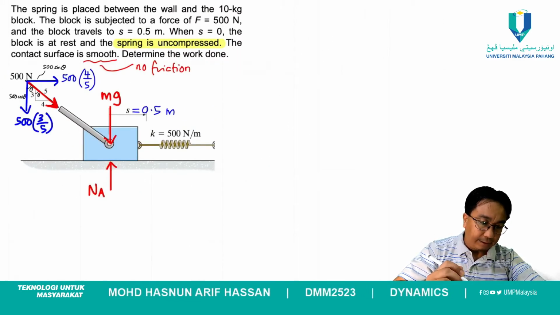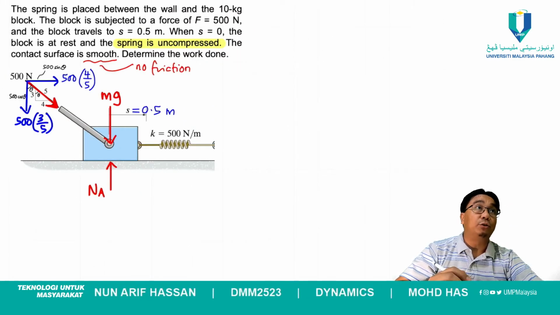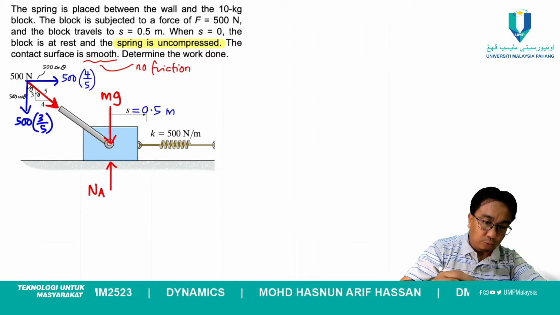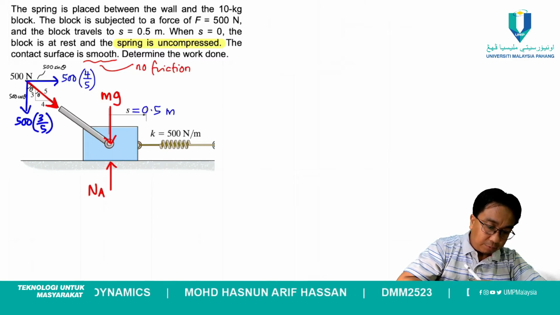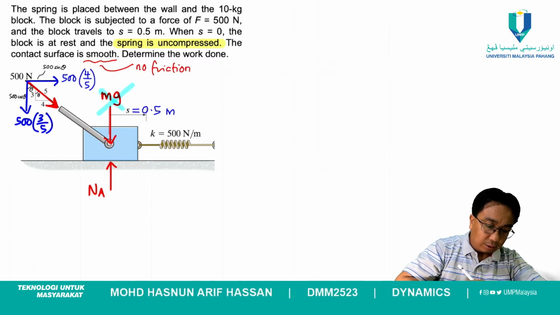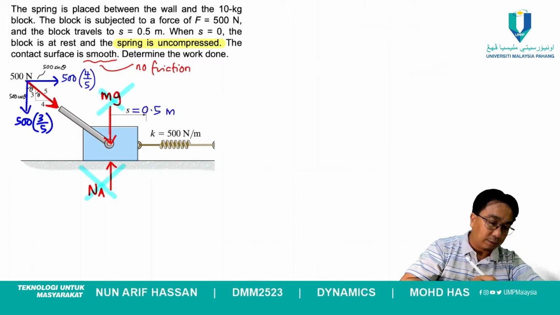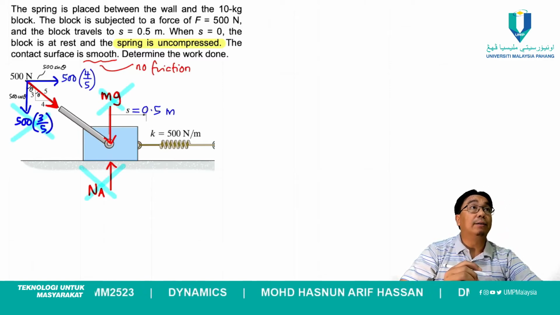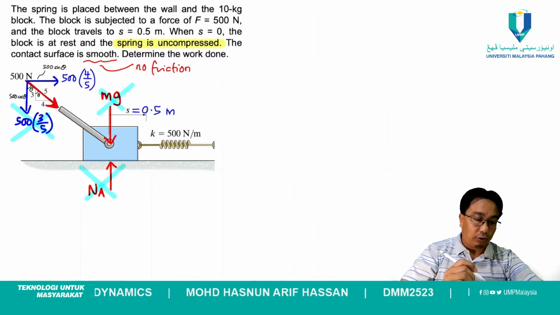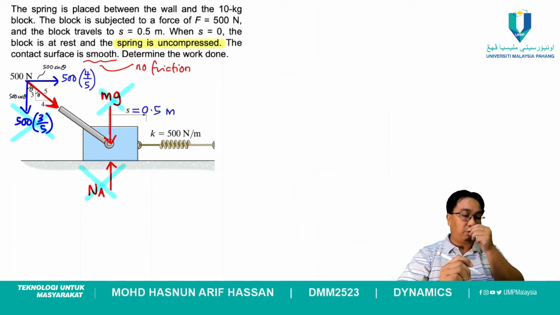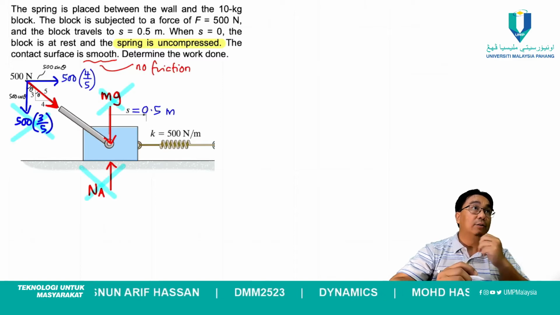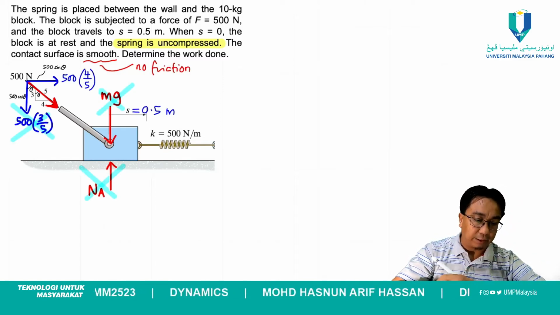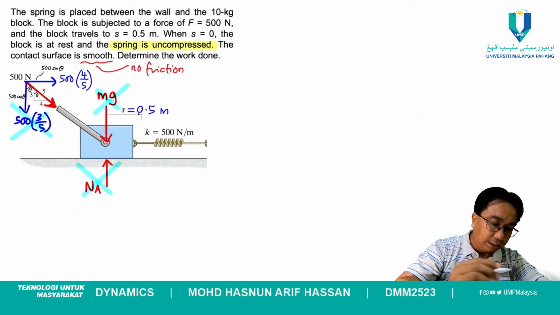Alright, so let's determine which one is not doing work. So mg is not doing work, the normal force is not doing work, as well as the y component of the 500 Newton force is also not doing work. So we only have one force is doing work, as well as the spring. The spring kita tengok later.